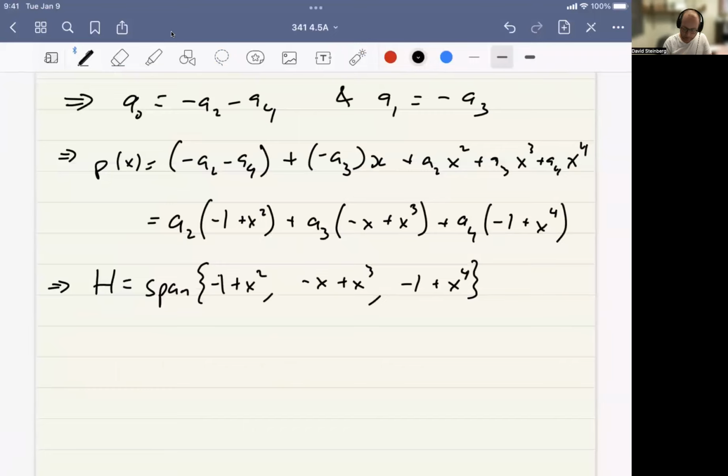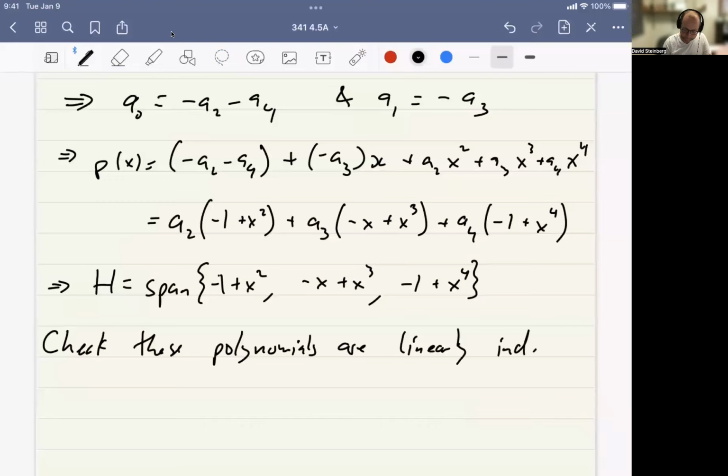And we can check these polynomials are linearly independent. And so in fact, they form a basis. And the dimension of H here is 3.